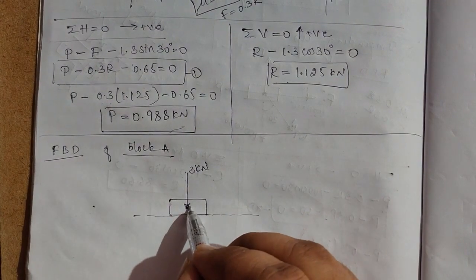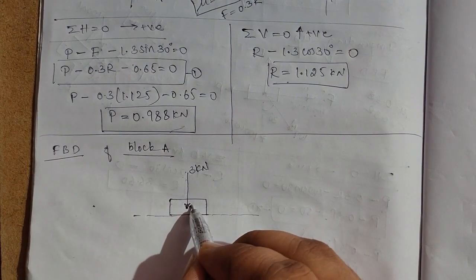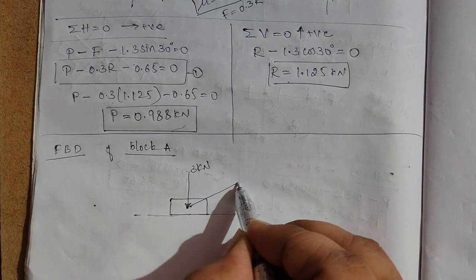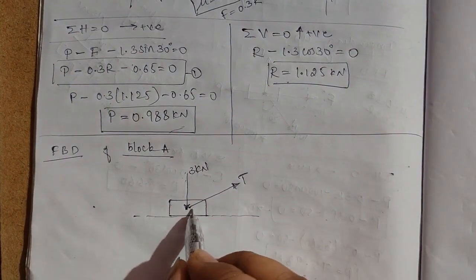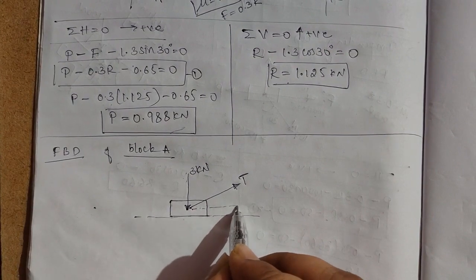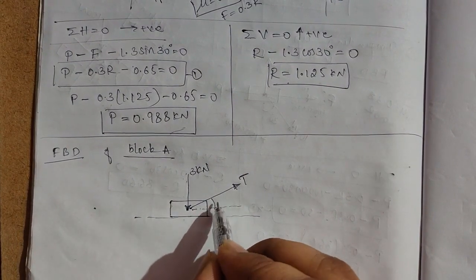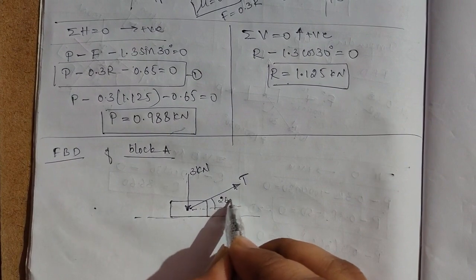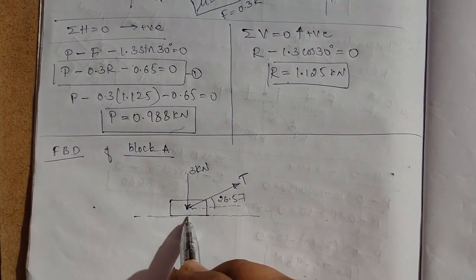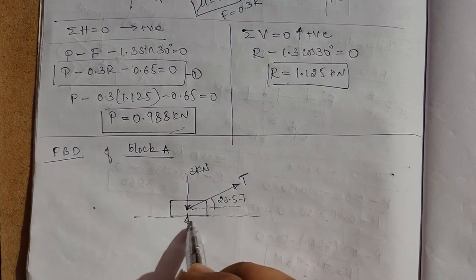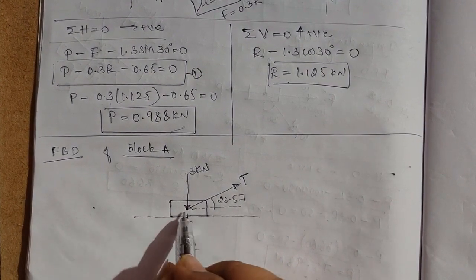Then another value T is there. This T is at an angle, how much? Theta, 26.57. Then the R value is there.